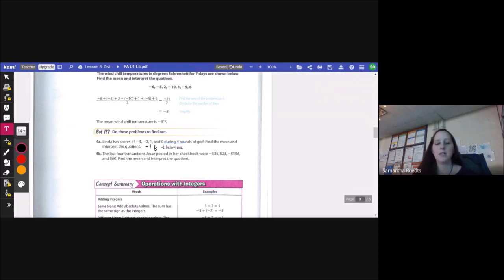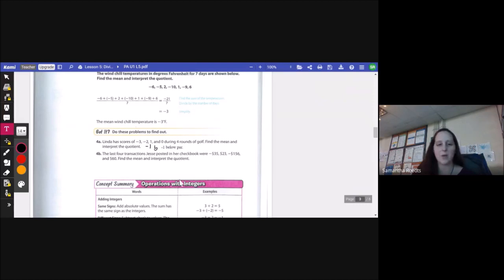For 4B, the last 4 transactions Jessie posted in her checkbook were negative 35, 23, negative 156, and 60. Find the mean and interpret the quotient. So again, I want to add these together. So I have negative 35 plus 23 plus negative 156 plus 60.